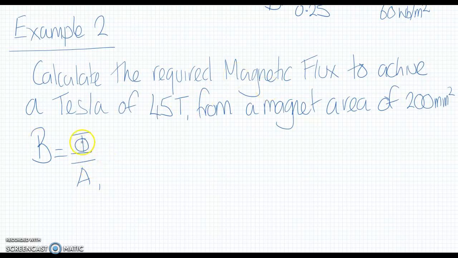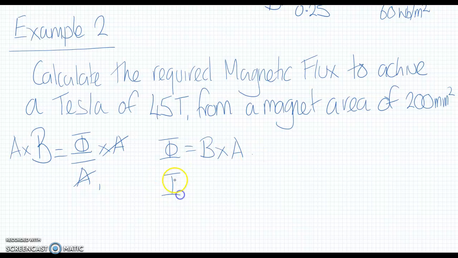To make phi the subject, we times by area on that side. What we do on that side, we do on this side. So area goes, basically invert the formula. So phi equals B times A.